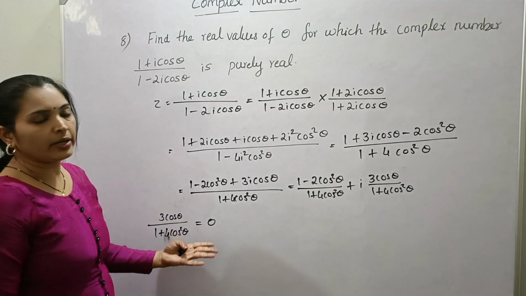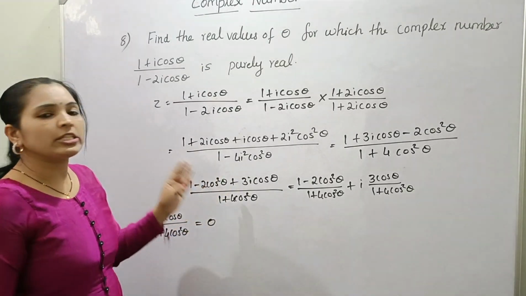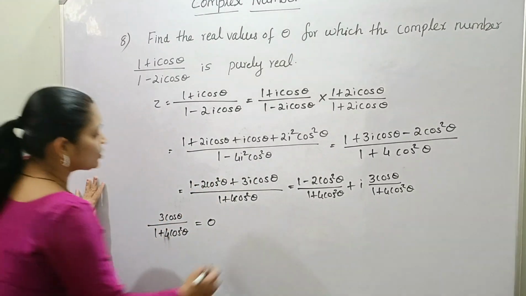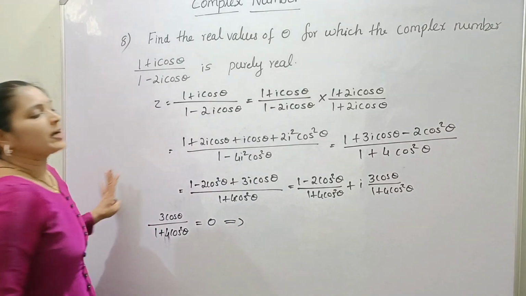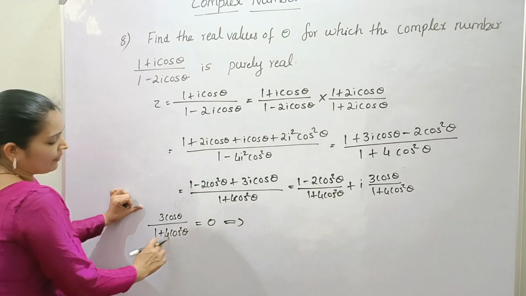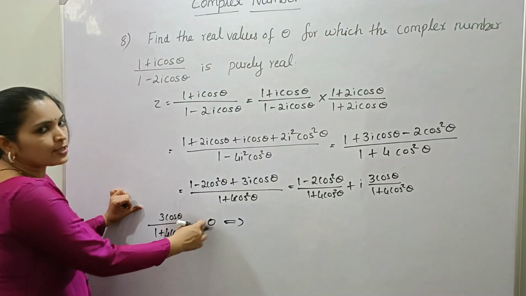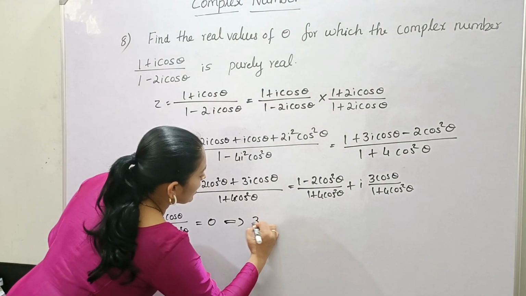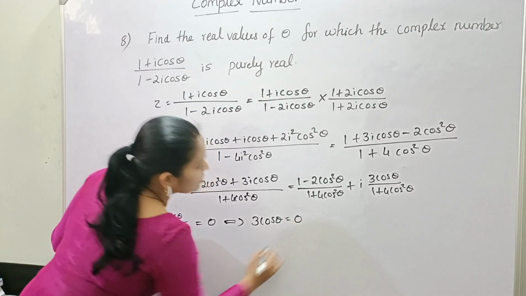Purely real means its imaginary part should be 0. So when its imaginary part is 0, what is the value of theta? Here when we take the denominator to the right side, it will become 0. So 3 cos theta is equal to 0.